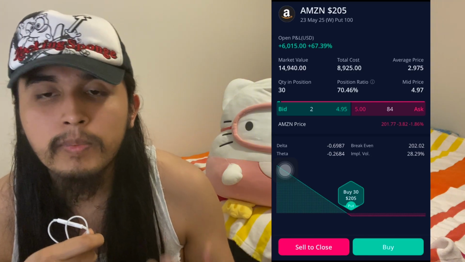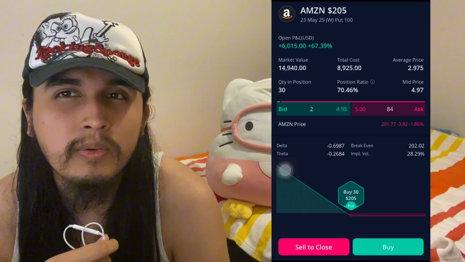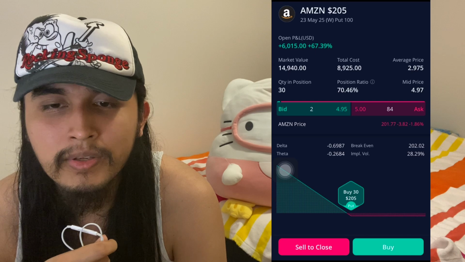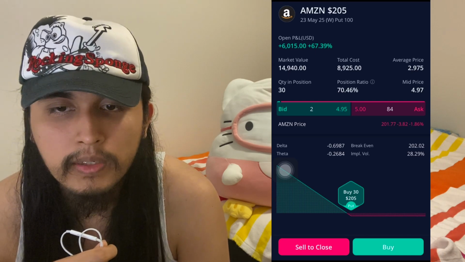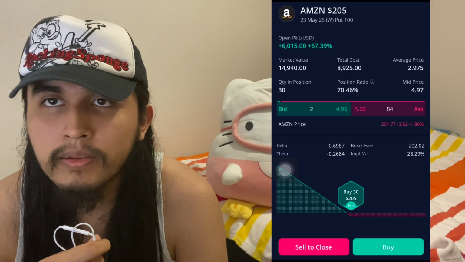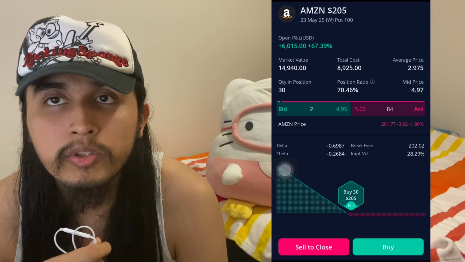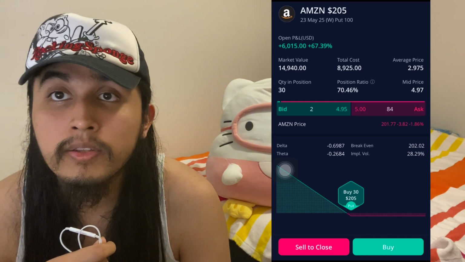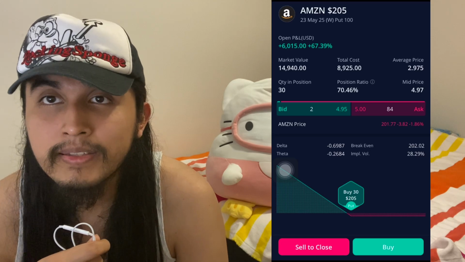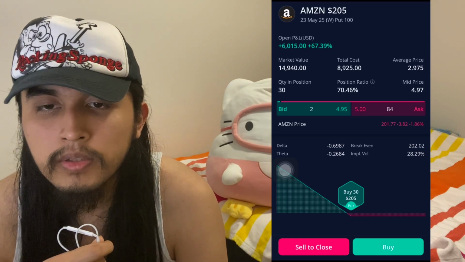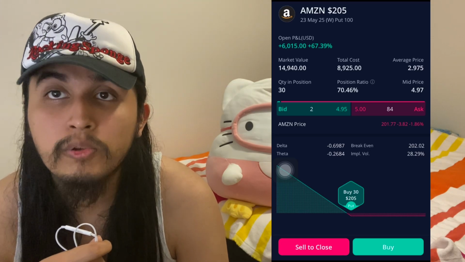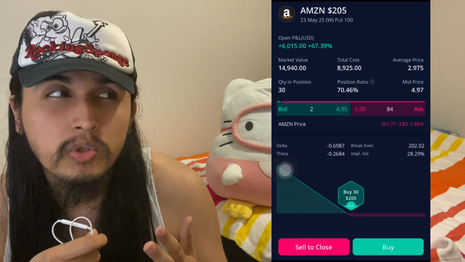For me personally, when I'm in a trade and I'm not comfortable, I'll take a 10% loss maximum, move on to the next trade, and aim for a 20% target profit instead.